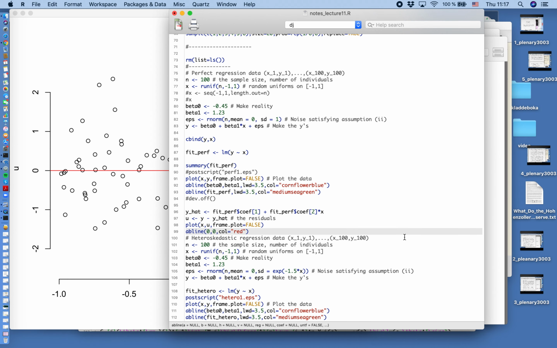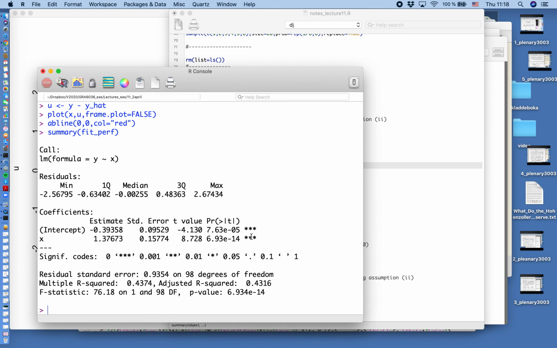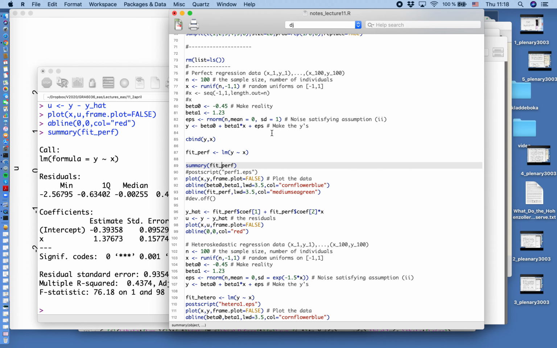The reason for this is that here we simulated data where the noise does not depend on x. But later on, when we look at these p-values and make conclusions based on them, we are assuming that the noise is like this, that its variance does not depend on x.